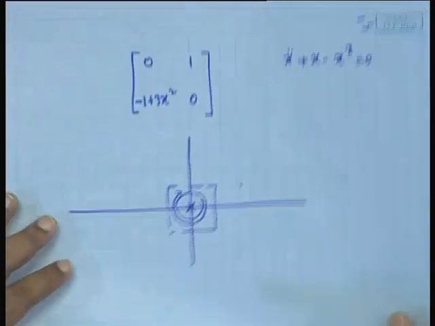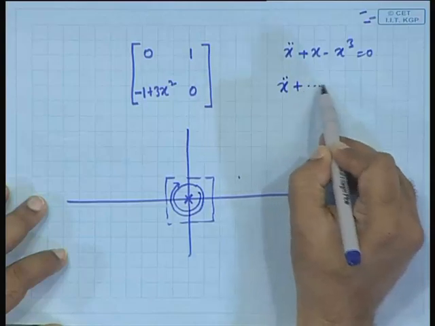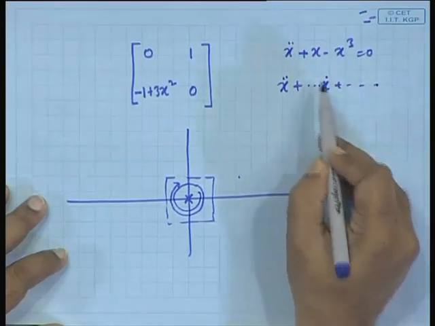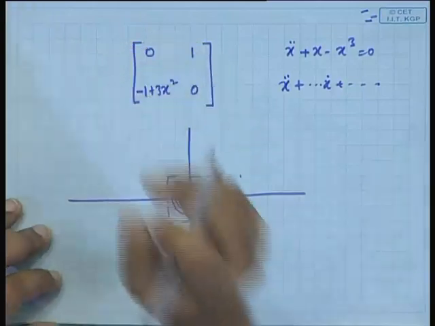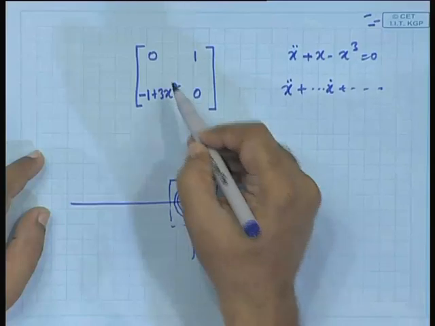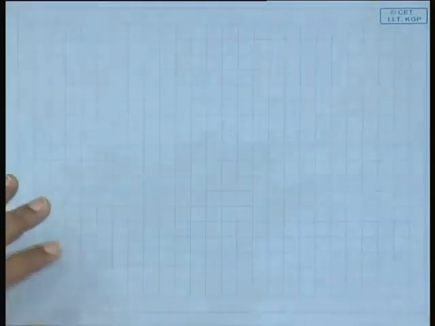In general, if you have a term plus something times x dot plus something, then that term will lead to the real part, and then it could be whatever. That means, in a system like this, you are actually assuming that this part is identically 0, that is why it was yielding purely imaginary eigenvalues.